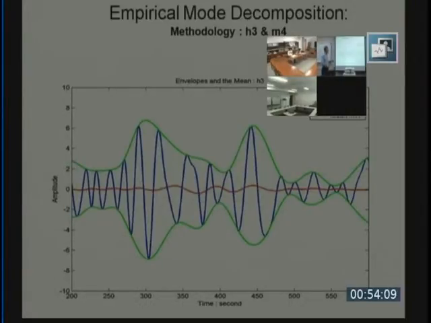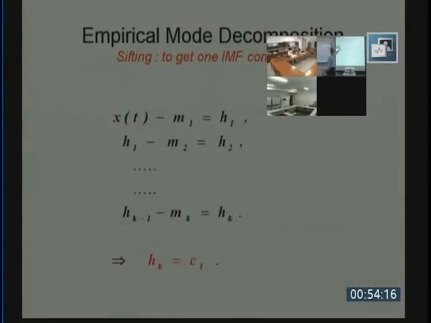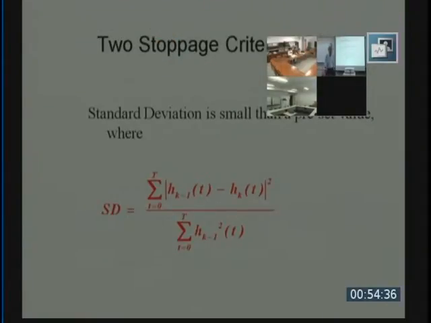So we can keep on doing this: x minus the first mean gets the first data. The first data comes over, move it over, then we can have the second mean, and we keep on doing that until we get the k-th time. The original proposal is that the k-th time has a stoppage criterion.